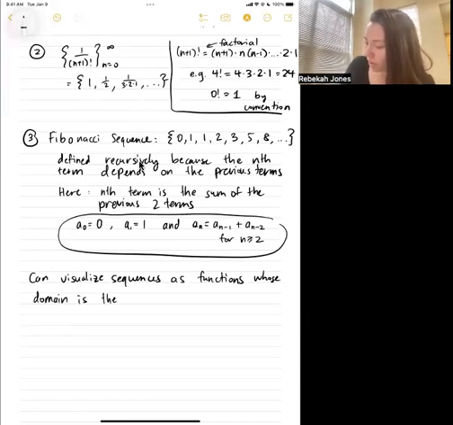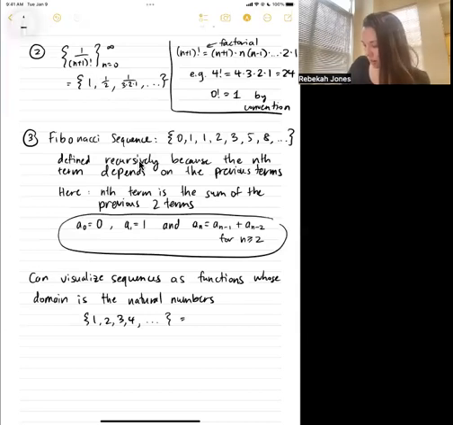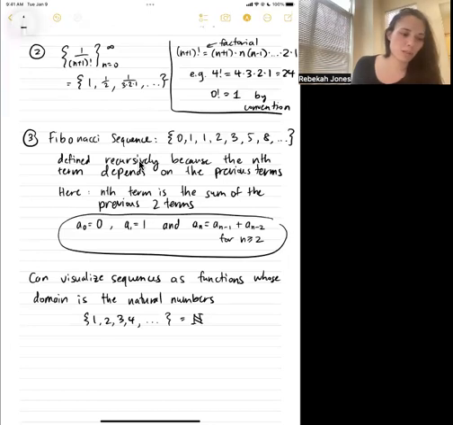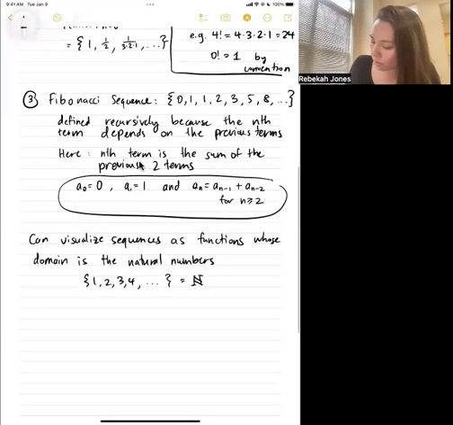We call those the natural numbers, and that just means all of the positive integers. The notation that we sometimes use for that is this n with a double bar. You don't need to know this notation, but in case you run across it, that's what that means. So what do we mean by visualizing them like this?